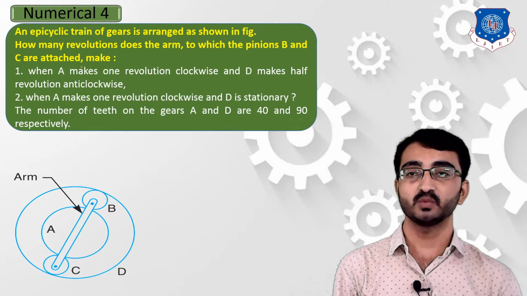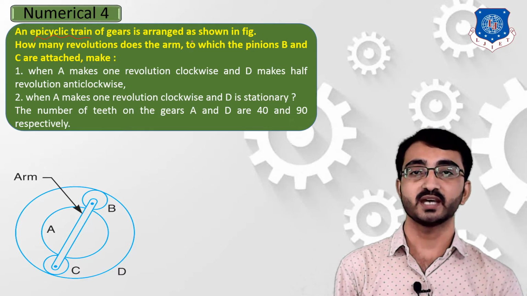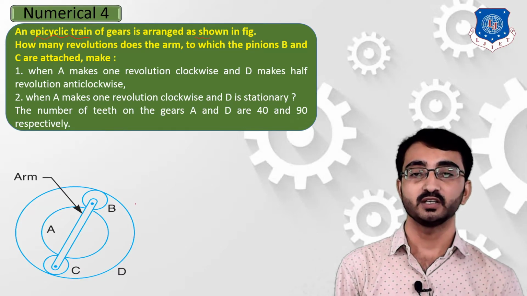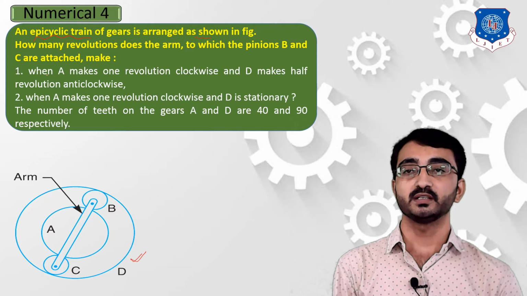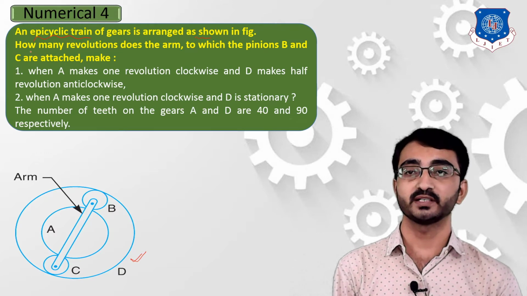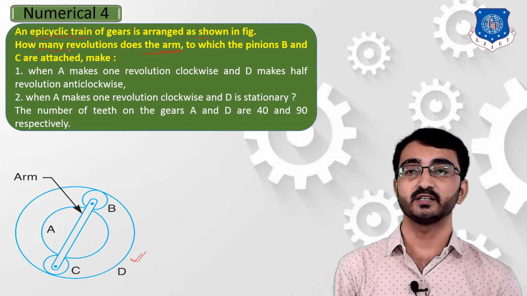Now, in this numerical, the given data is an epicyclic gear train which is arranged as shown in the figure. So over here you will get one advantage that they have given the diagram of this assembly. In this numerical we have to calculate the revolutions, or we can say the RPM, of the arm to which the pinions B and C are attached.